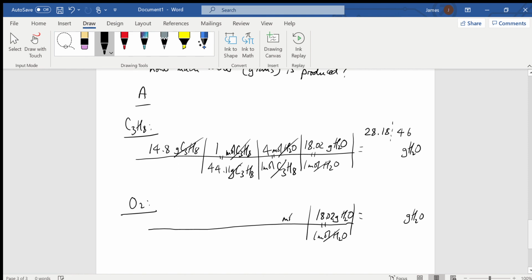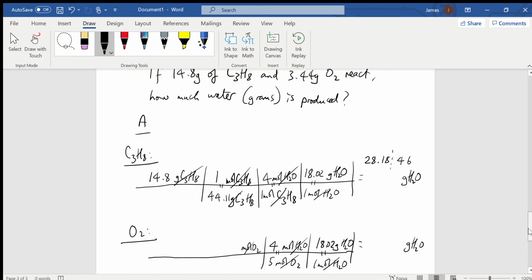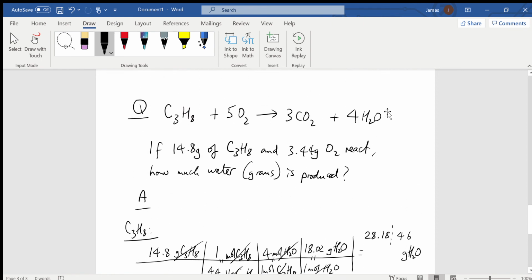So I can promote mole of water up here. I know from my balanced equation 4 moles of water is equivalent to 5 mole of O2. So again, just to remind you where that comes from, it's this 5 to 4 mole ratio between oxygen and water.